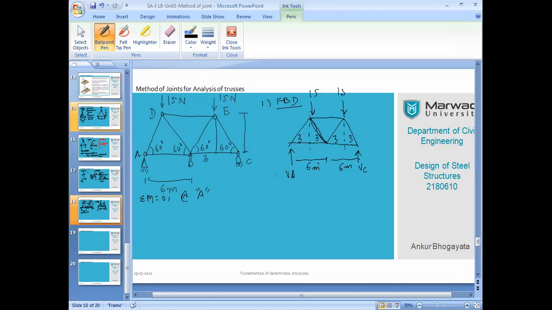This is also 15. So again 15 into 3, that is negative because it is creating clockwise moment. Minus 15 into 6 plus 3, 9, plus VC into 12.